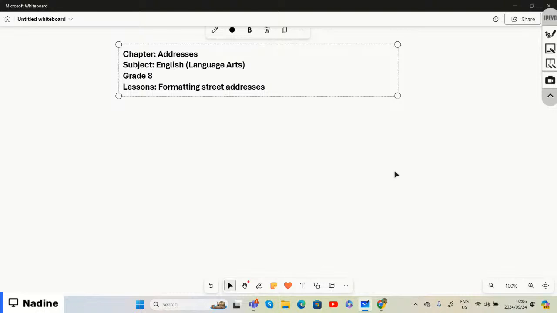The same applies to this lesson on addresses. We need to capitalize names of street addresses and names of states. So when it comes to writing addresses, you need to capitalize the specific words properly.